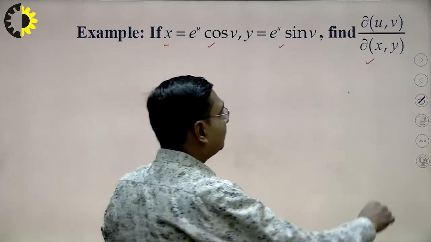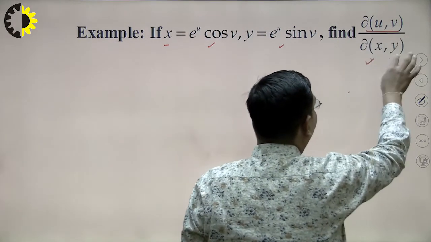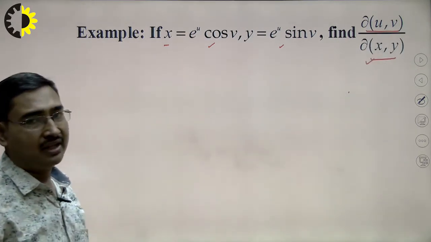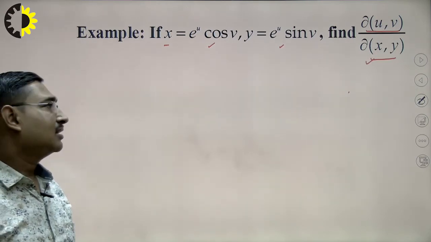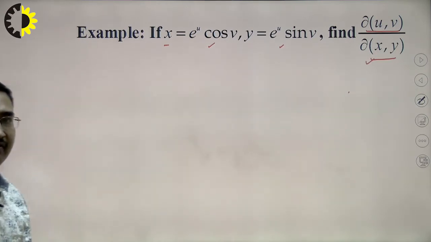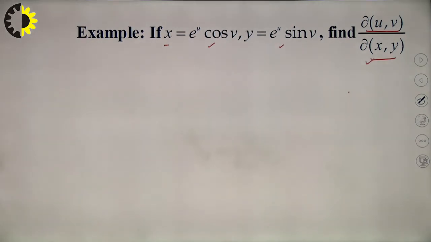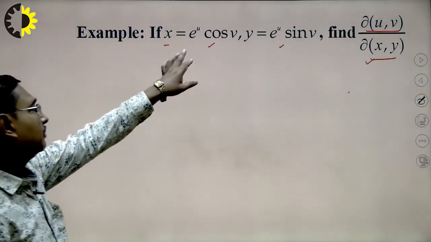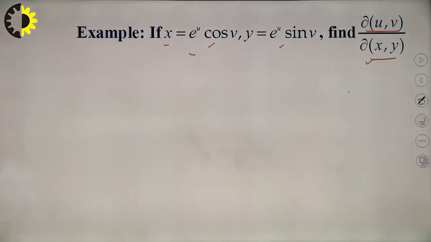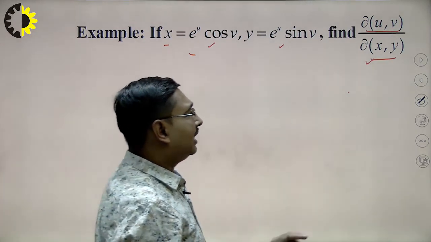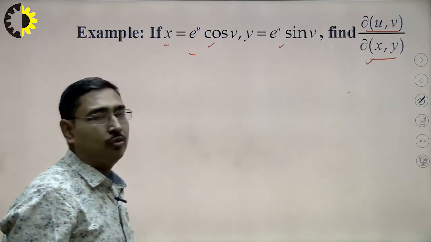Here we observe that to calculate del u v over del x y, u and v must be expressed in terms of x and y if we try to calculate the Jacobian by the previous process. Here u and v are not given in terms of x and y. So, the previous procedure cannot be directly applied to find this Jacobian.